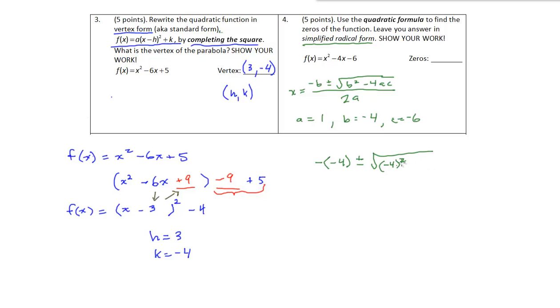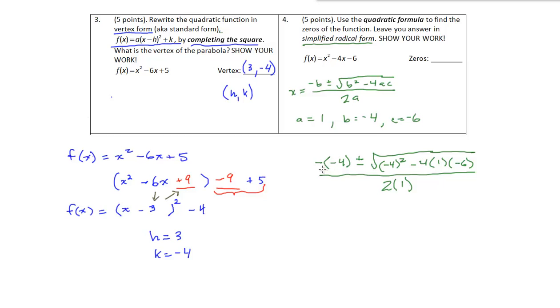Just know that whenever you square this b, it's always got to be positive. Don't be tempted to put negative 16 there. Minus 4 times 1 times negative 6, all over 2a, or all over 2 times 1.